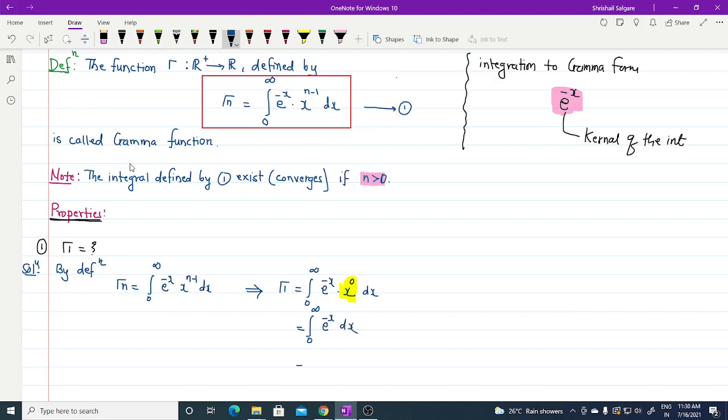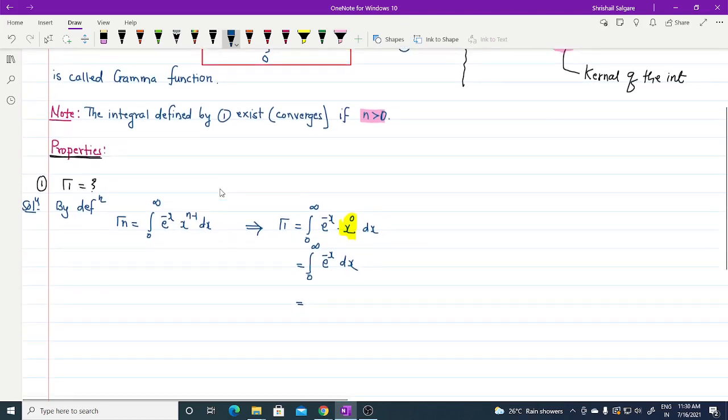Now what is the integration of e raised to minus x? Very good. It is e raised to minus x upon minus 1.